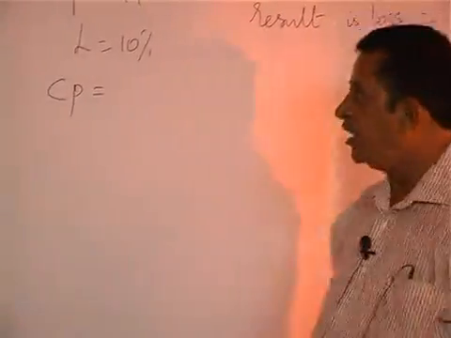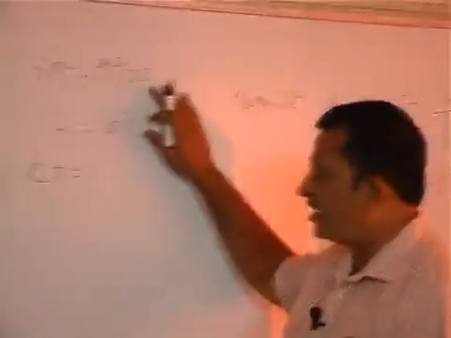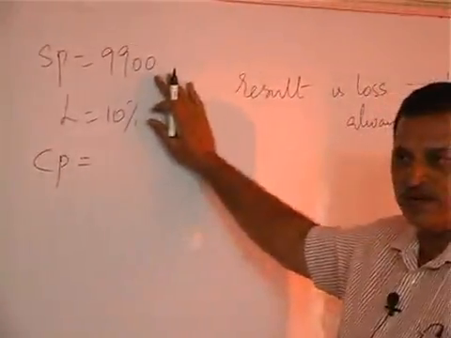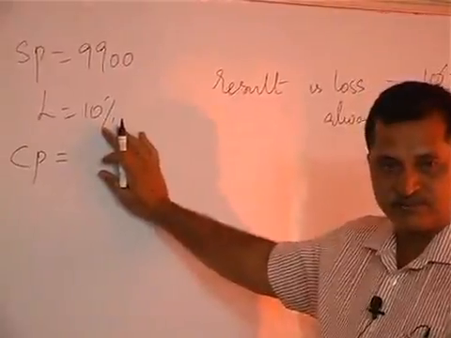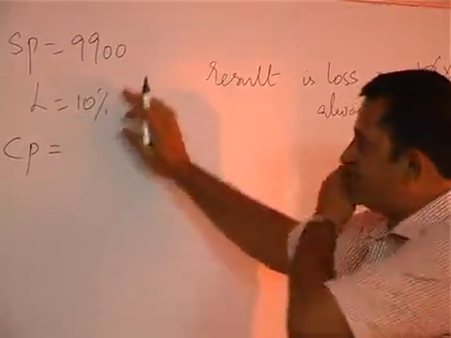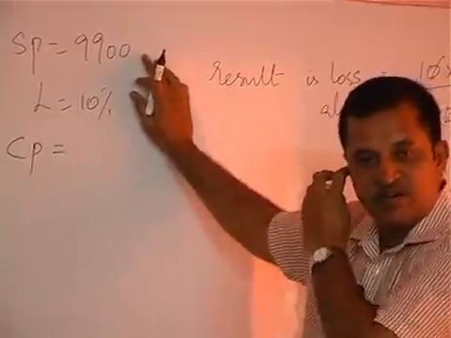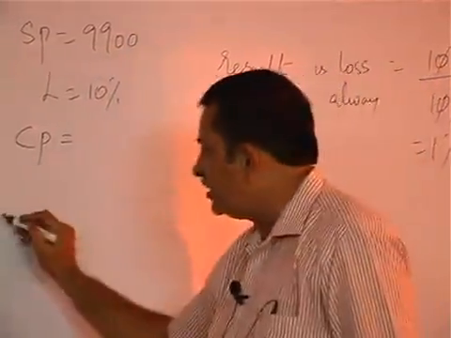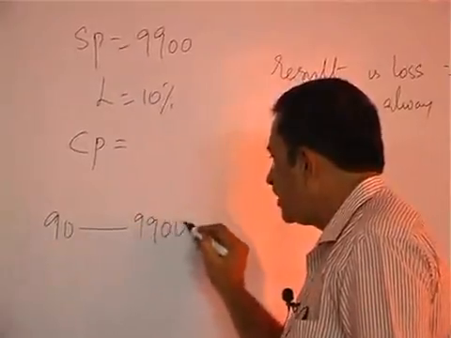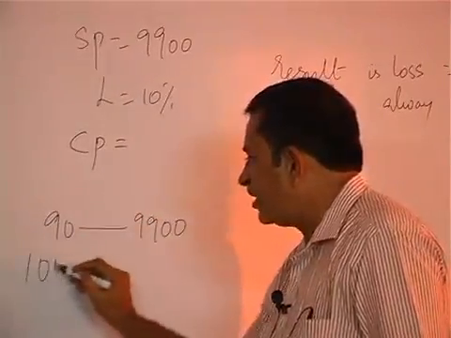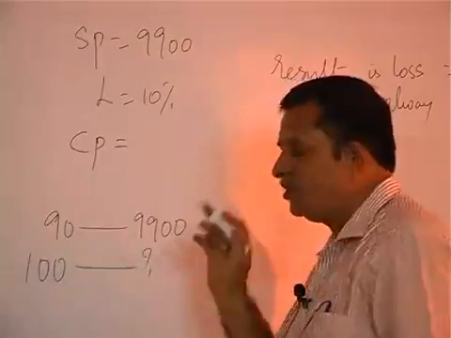Coming to the next problem. By selling for 9,900, loses 10%. Loses 10% means this 9,900 will be equal to how much? So 90 is equal to 9,900, then 100 will be equal to how much?